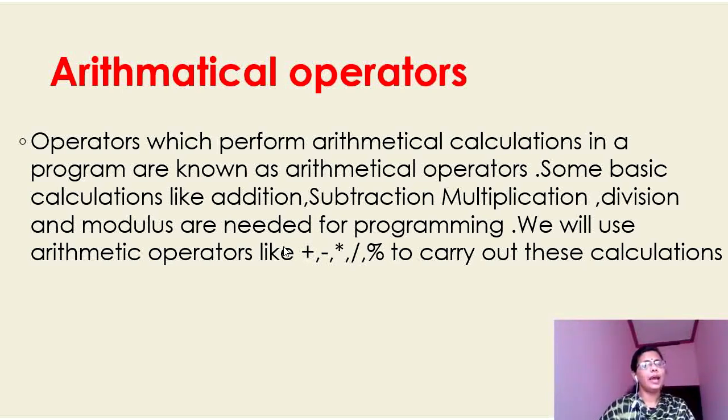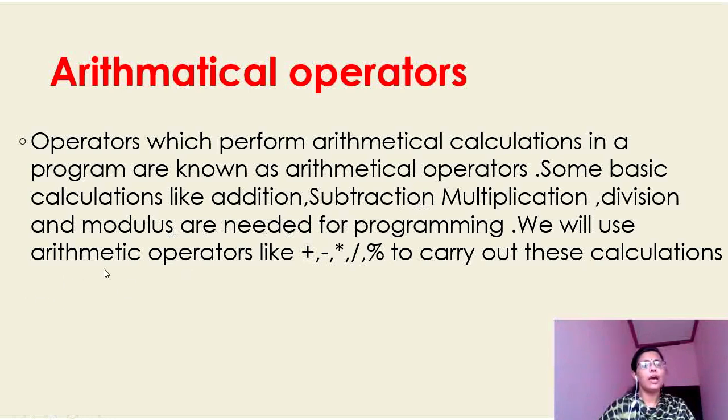What are the basic calculations? Addition, subtraction, multiplication, division. These are the main 4 basic operations which you have done in your maths. In Java programming, or basically in a programming language, you also have one more operator which is called the modulus operator. We will go into detail on all this.